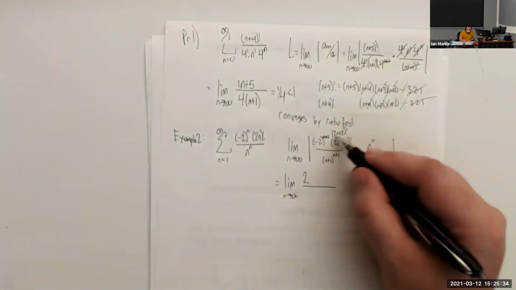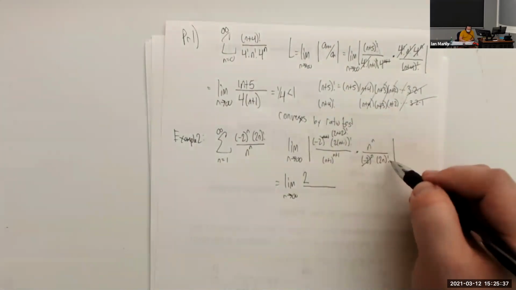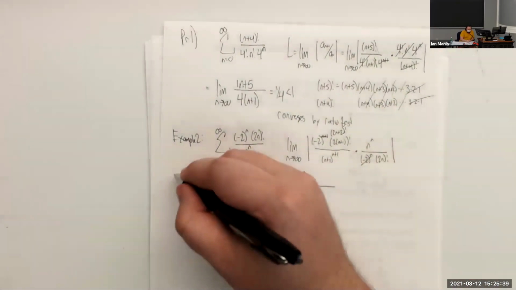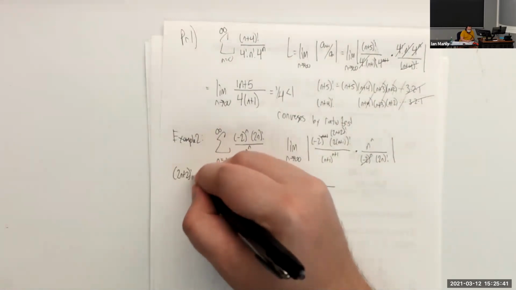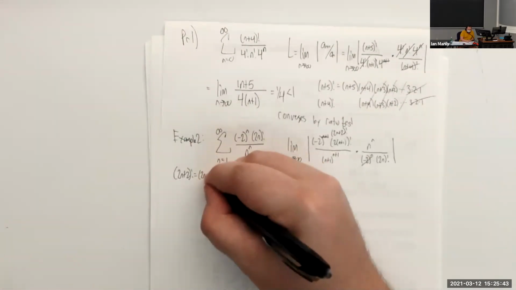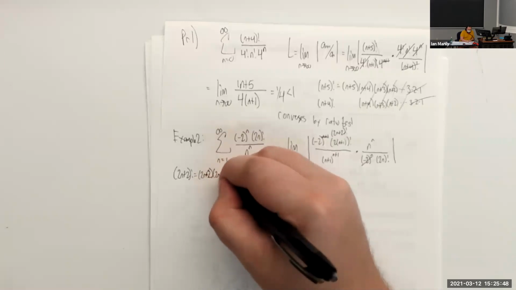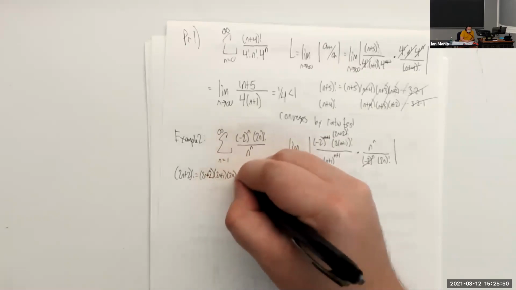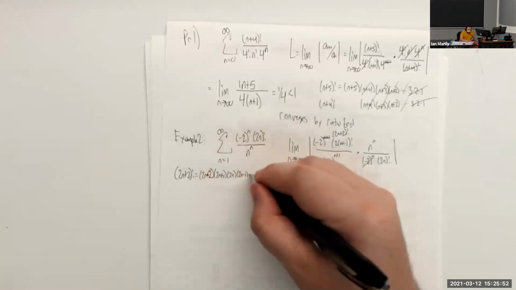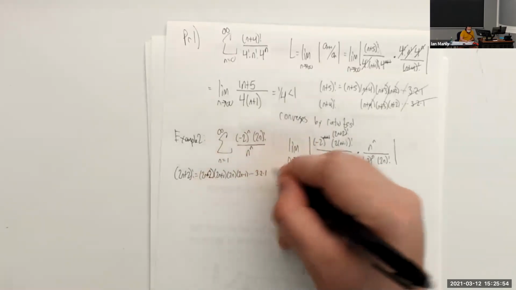Now, what's (2n+2)! divided by (2n)!? Well, let's write it out to see. (2n+2)! is (2n+2) times (2n+1) times (2n) times (2n-1), and we keep going all the way down.